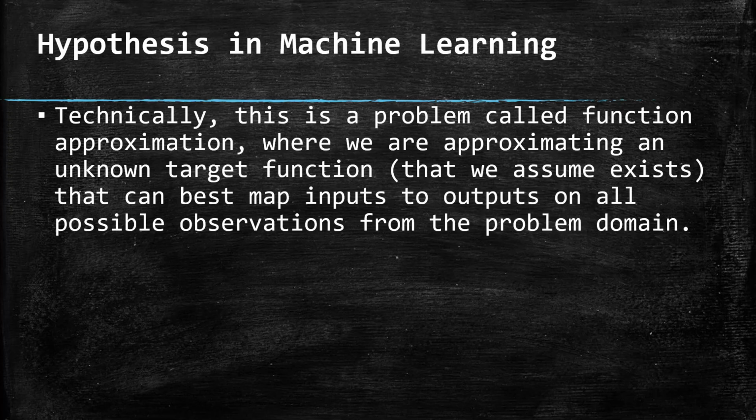Technically, in machine learning, hypothesis formulation is a function approximation. Given the input, how we can formulate the relation between input and output. For example, you have x and function of x. This is 0, this is 0, this is 1, this is 1, this is 2, this is 4, this is 3, this is 9.